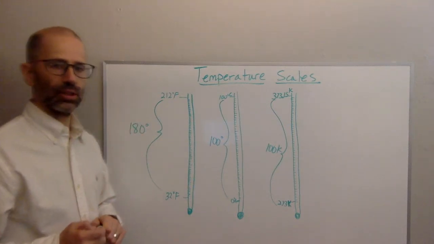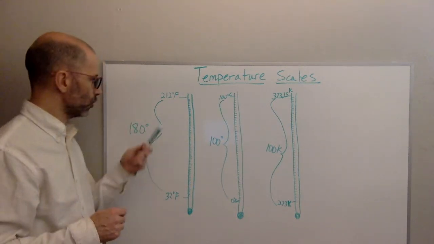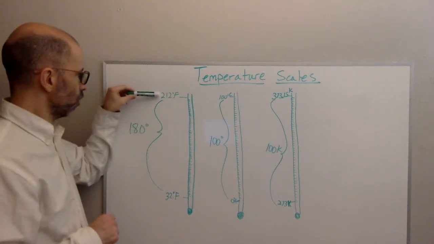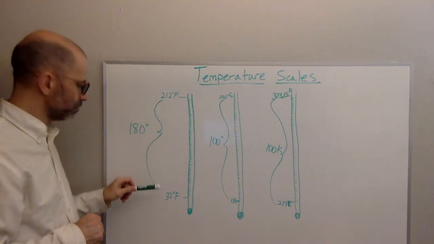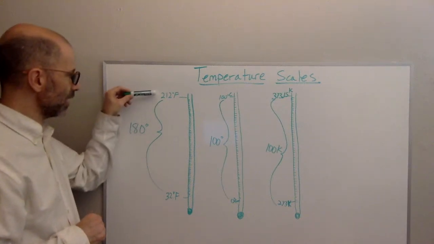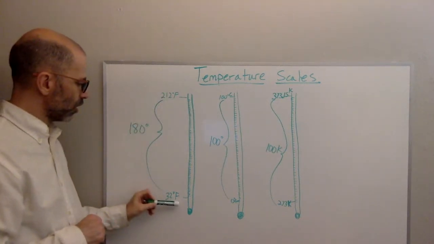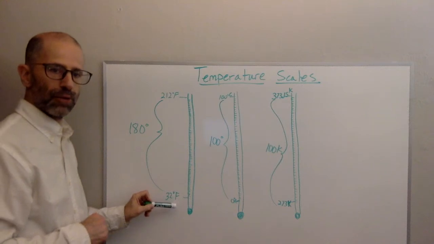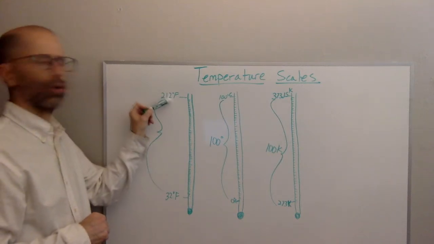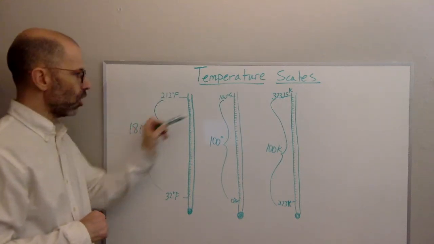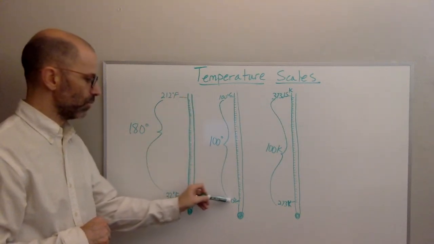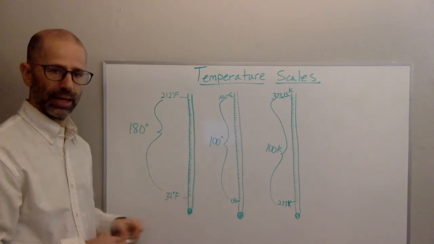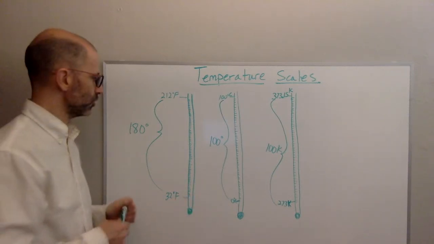The other difference you want to note is where they start. You can see that on both these scales, from the freezing of water to the boiling of water, it's all positive, but if you go below that, then you get negative temperatures.